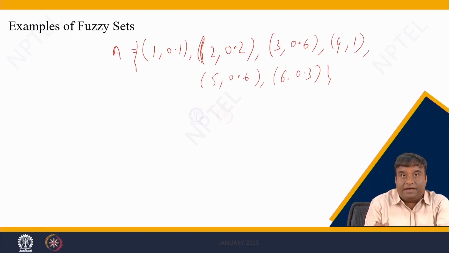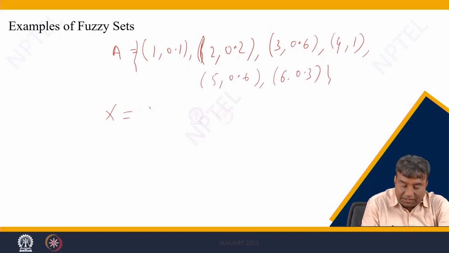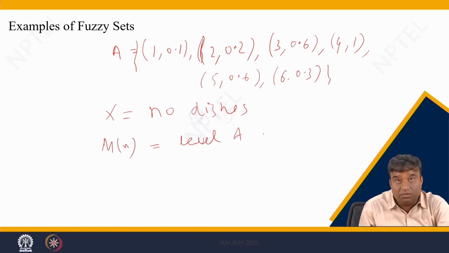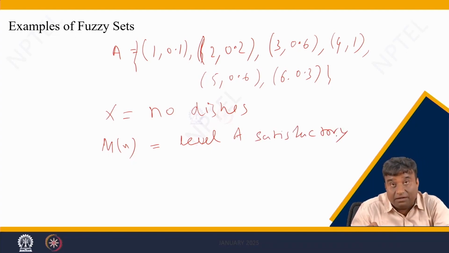You can define x as the number of dishes. Suppose there are 4 friends taking food in a restaurant. So x is the number of dishes, and mu x represents the level of satisfaction. My main motive is to show how to construct fuzzy sets.